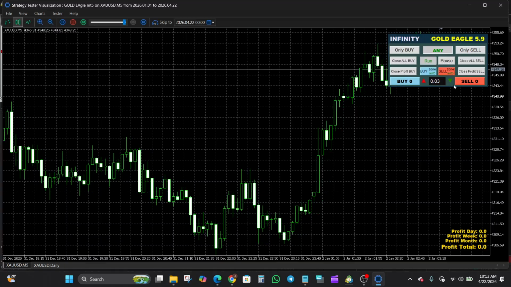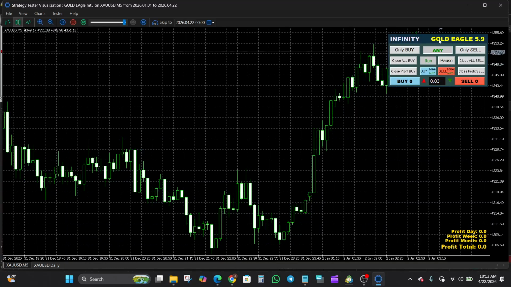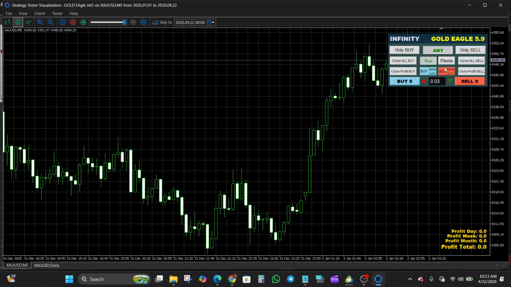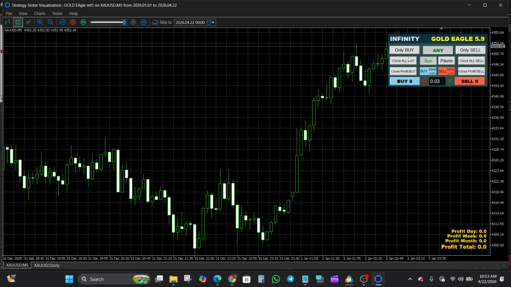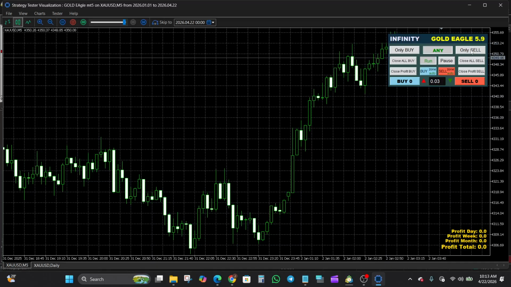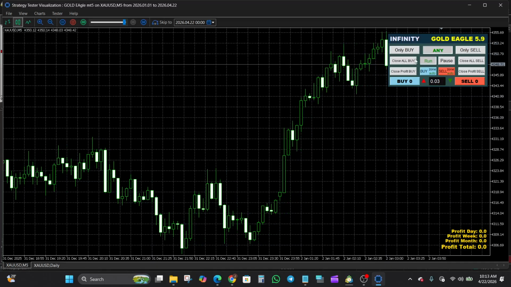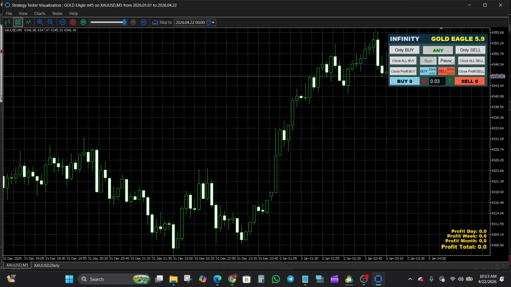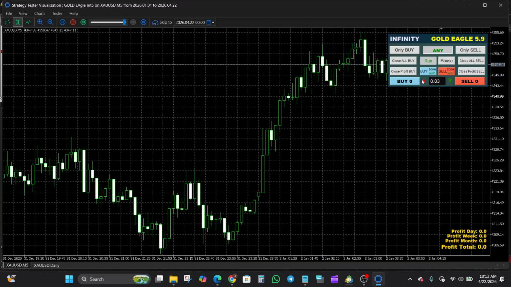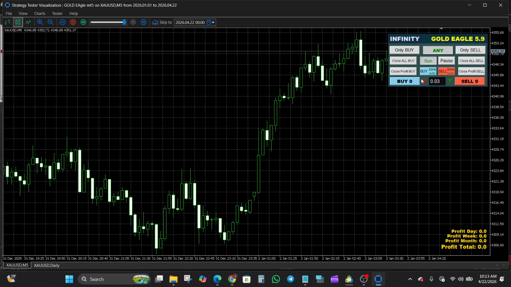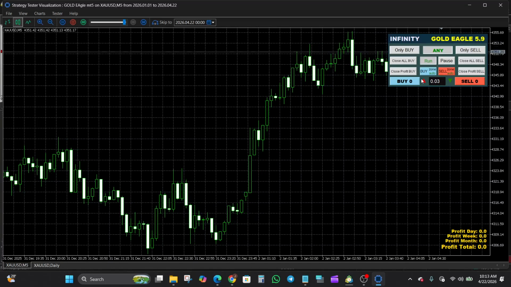And then you can also see that this manual dashboard has quite a number of buttons on it, for only buy trades, only sell, close all buy, close all sell, run, pause, close profit buy, close profit sell. You are giving instructions to the EA to carry out a specific function. All right.